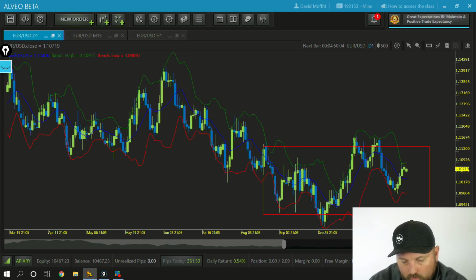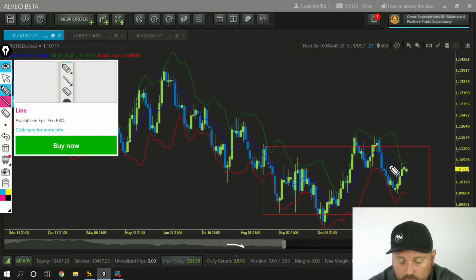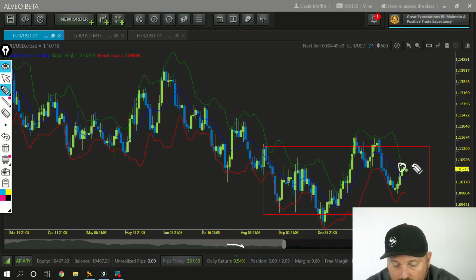It hits the top of that range, comes down to the bottom, hits the top of that range, comes down to the bottom. We can see with the Bollinger Bands that it just hit that green. So what should we be doing? We should probably be in a sell. It'll come down until it hits the red right here, and then we should be in a buy.